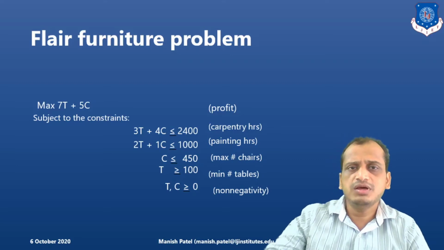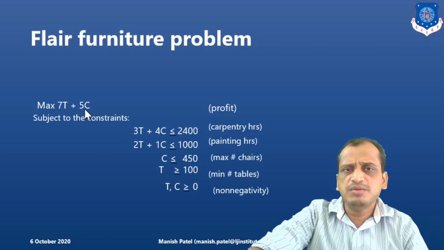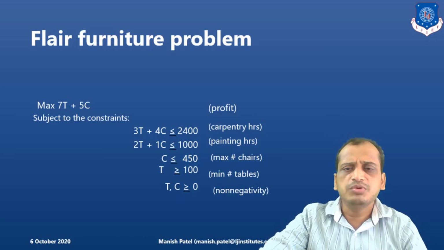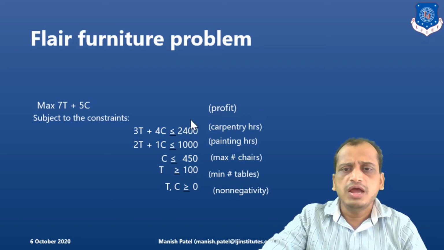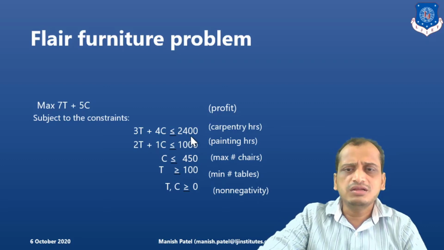Here a typical Flair Furniture problem is given, where T and C are the number of tables and chairs, and 7 and 5 are the unit profits derived from a unit table and a unit chair, and the company wants to maximize this profit. It is also subject to 4 constraints, actually 5 constraints including non-negativity.